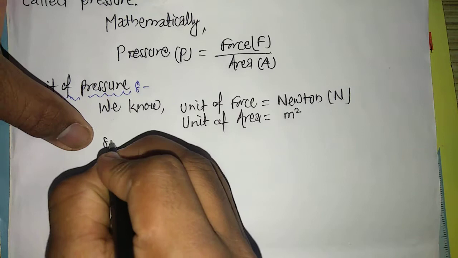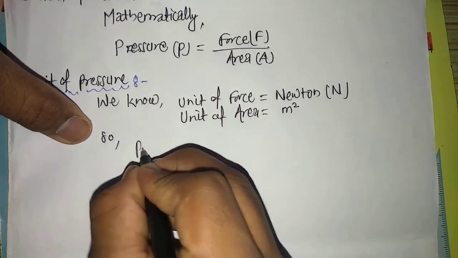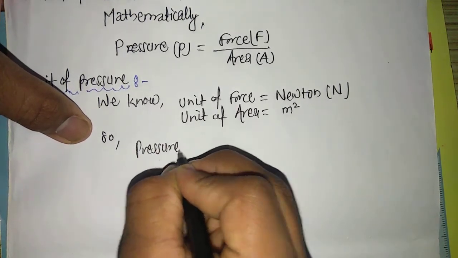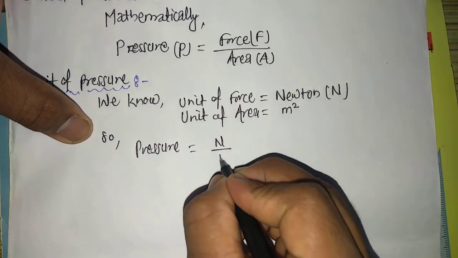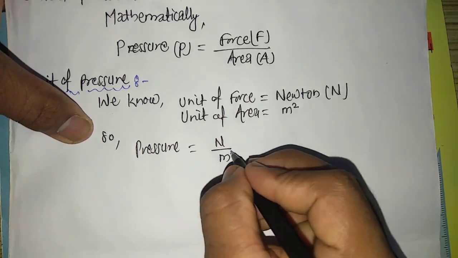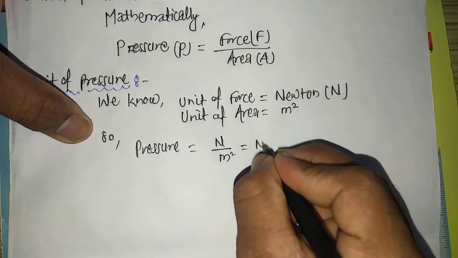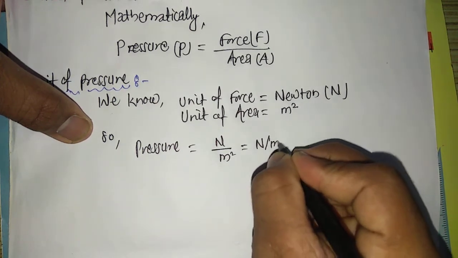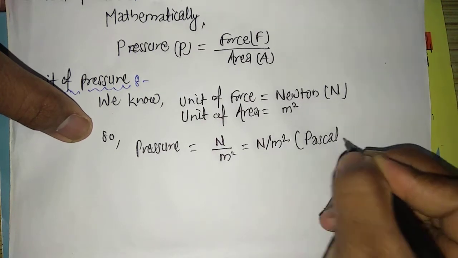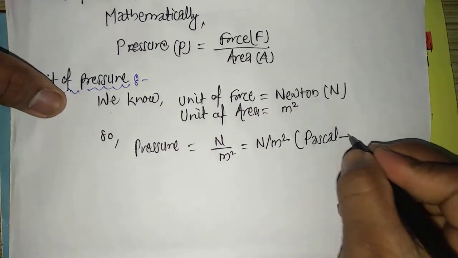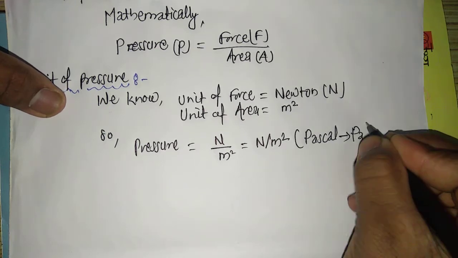So pressure is equal to Newton by meter square, that is Newton per meter square. It is also called Pascal, and it is denoted by Pa.